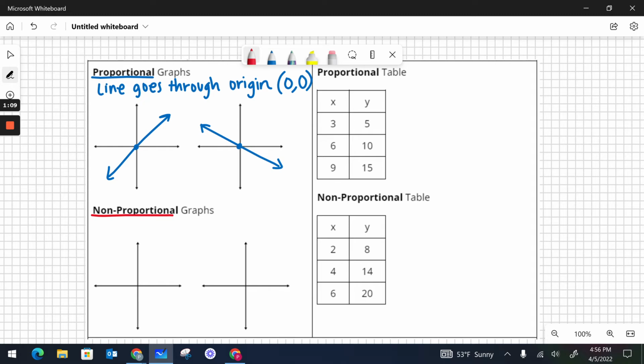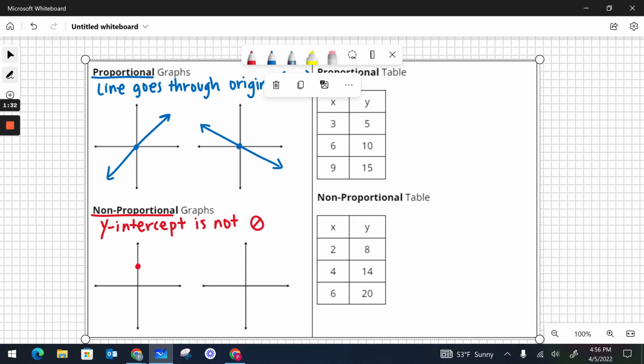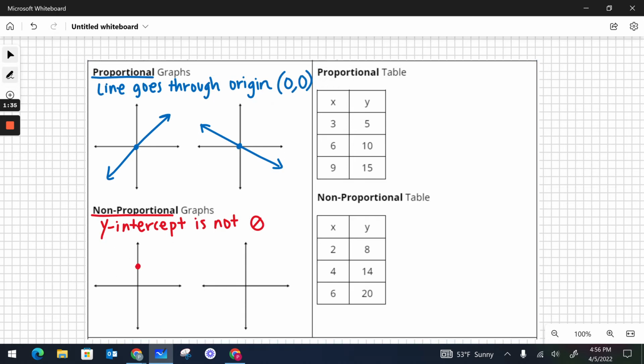Or another way you can think about it is the y-intercept is not 0. It's some other number. So for example, if my y-intercept was greater than 1 and it went through there, then my line could look like that, for example.